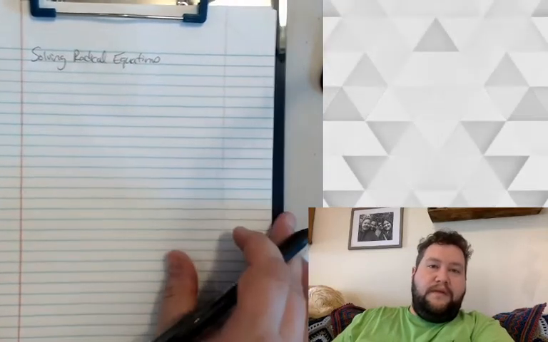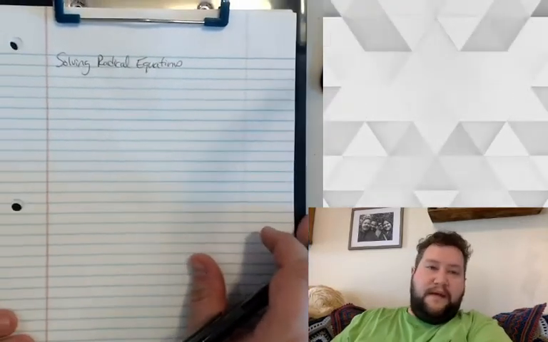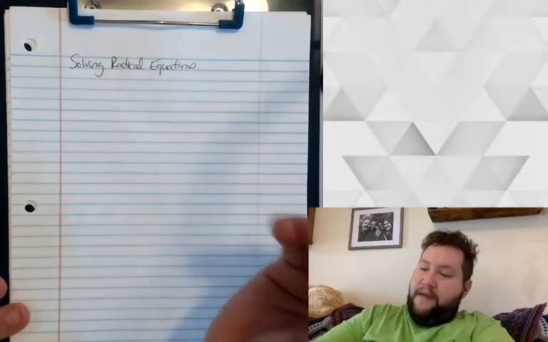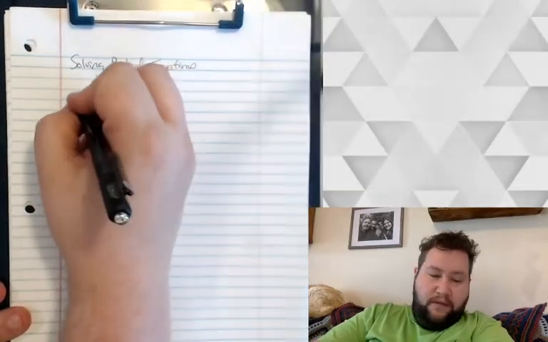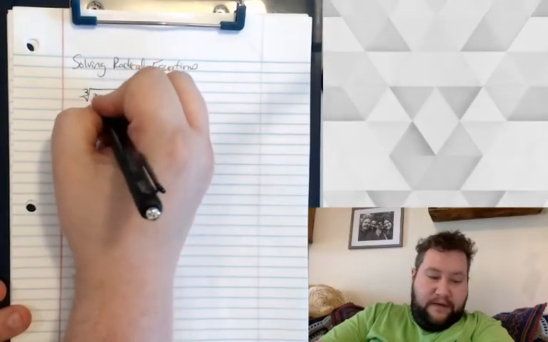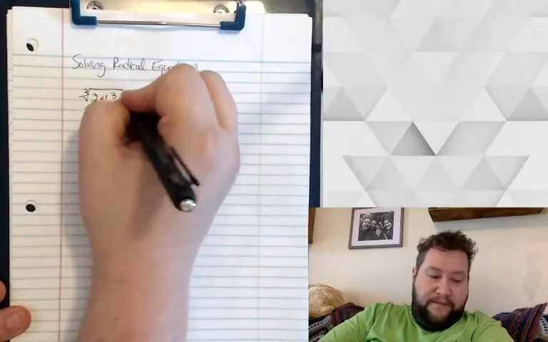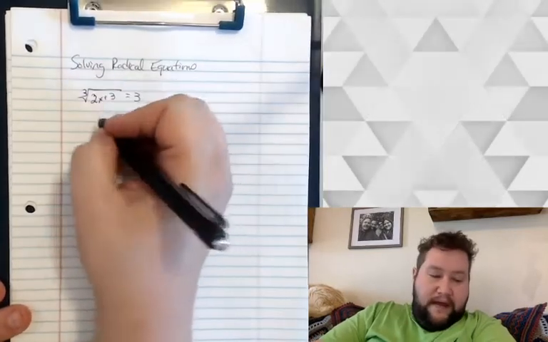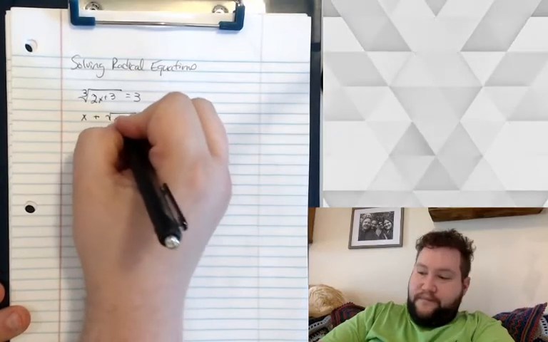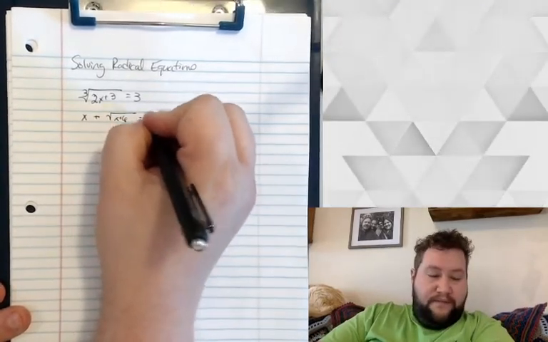And so once we do this, if I could slide my clipboard the right way, that would be if we had something like this: the cube root of 2x plus 3 equals 3. Or x plus the square root of x plus 6 is equal to 0.